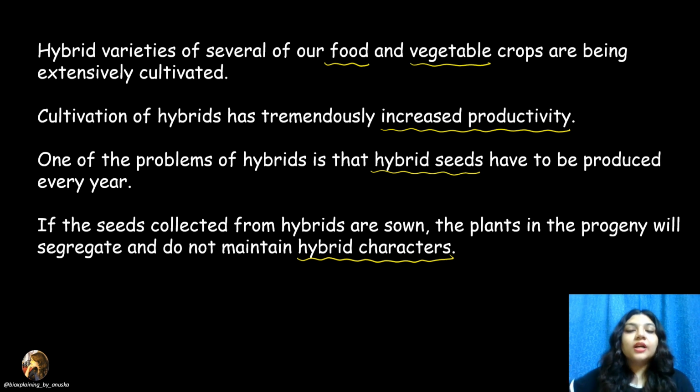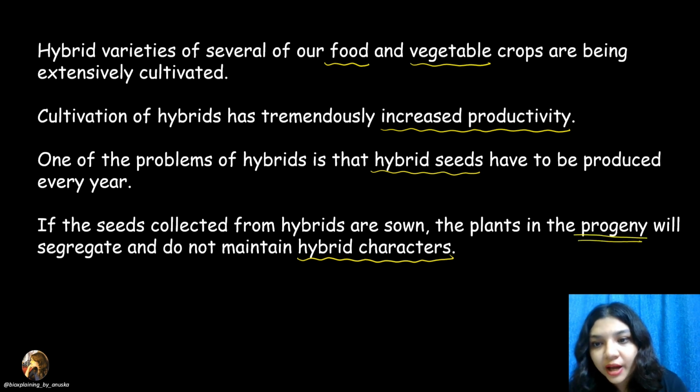There will be mixing of characters from other plants. So the hybrid character you created will not be maintained in the progeny plants. What do we mean by progeny plants? That means further generations.